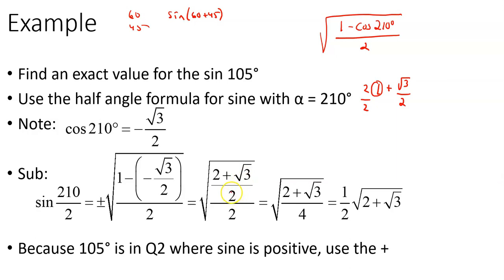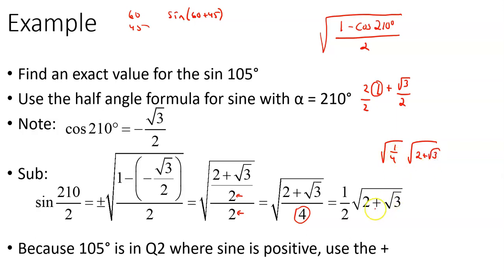Well, now I got a mess and a half, right? I got a square root with a square root inside of that square root and a fraction. So the top is divided by 2, divided by 2. So let's take the divided by 2 divided by 2 and make it divided by 4. The next thing I can do is think of this as the square root of 1/4 times the square root of 2 plus root 3.